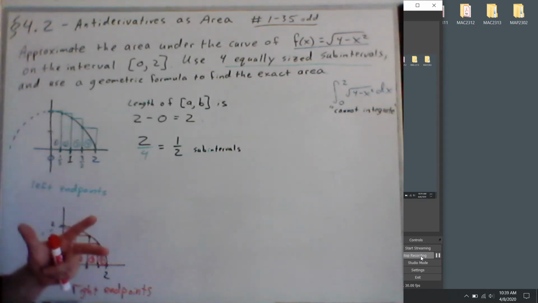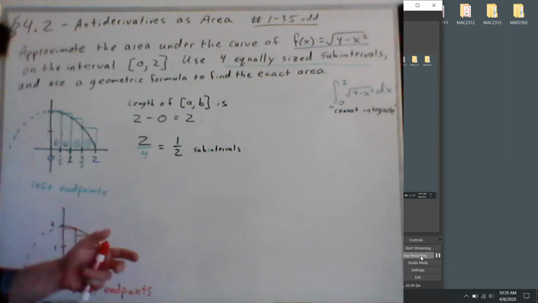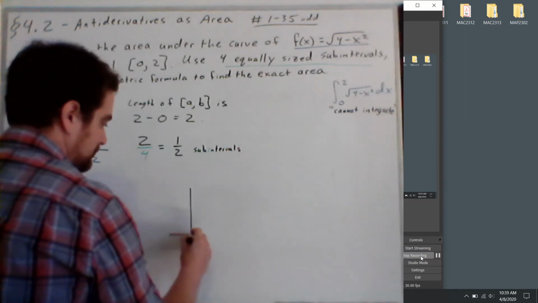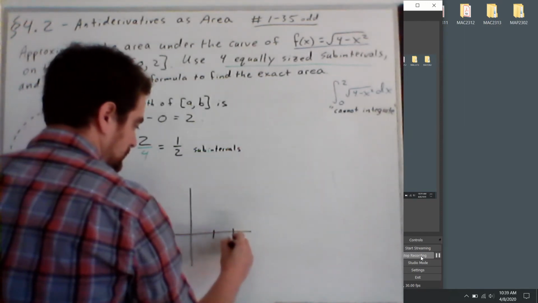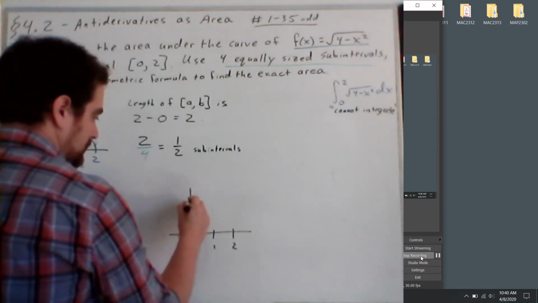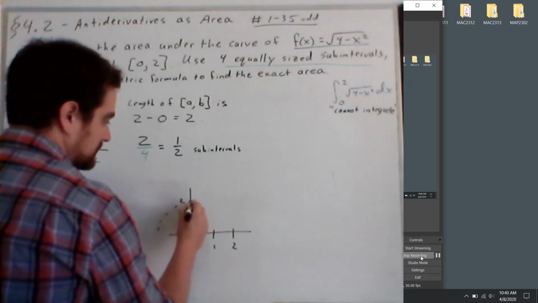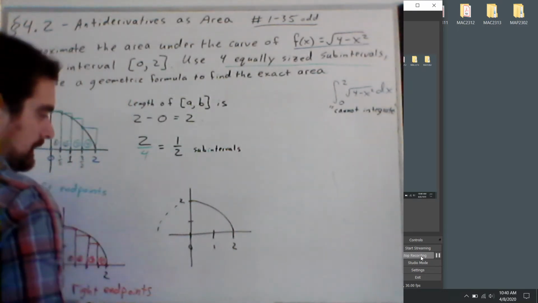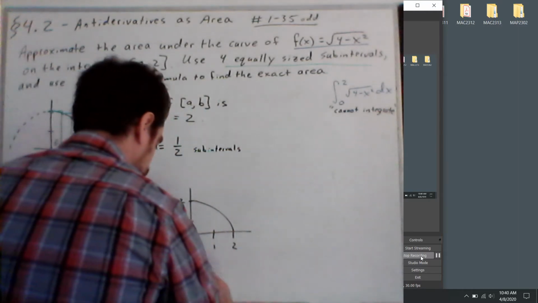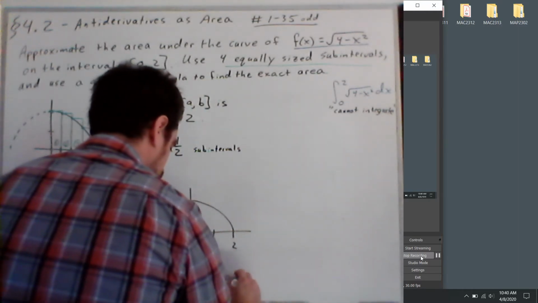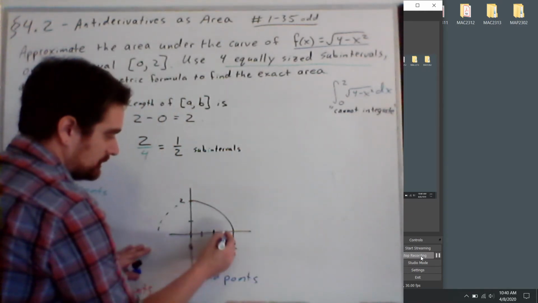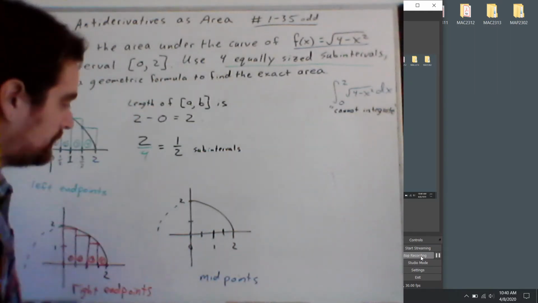There is a third option that we have, and that third option is what we call using the midpoints. Again, we don't really care about that side, but this is the side we care about. If we want to use the midpoint, then we want to break this up into 4 subintervals, again, just because it's telling us to.